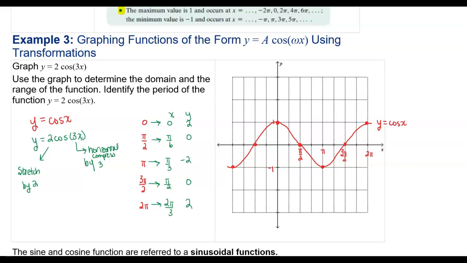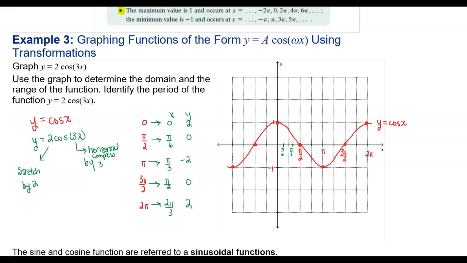So now we have to figure out where these intervals lie. Pi over 2 is kind of the same as 3 pi over 6, so I'm going to do pi over 6 intervals. So 1 pi over 6, and then 2 pi over 6 is pi over 3.